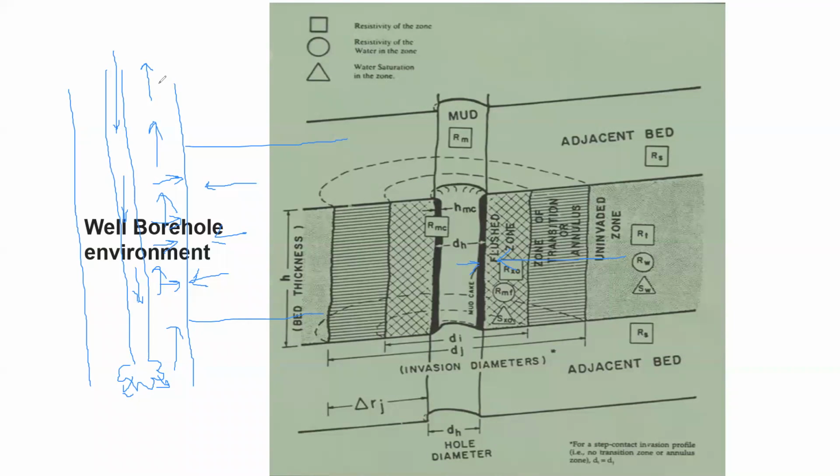When this drilling mud filtrate starts invading the formation, the liquid part moves into the formation, and the solid part makes the mud cake against this formation.